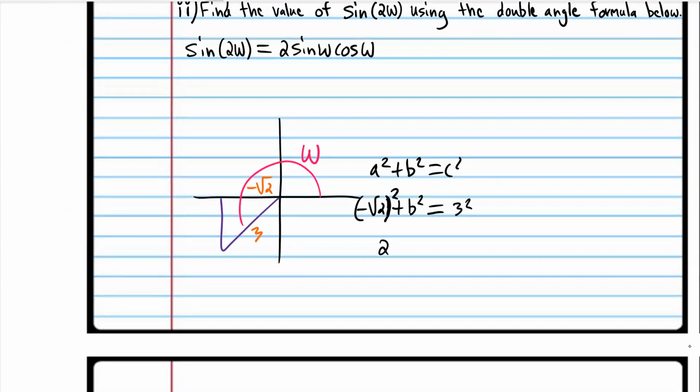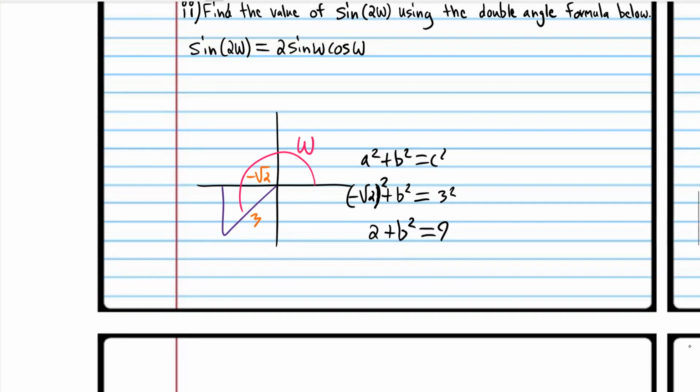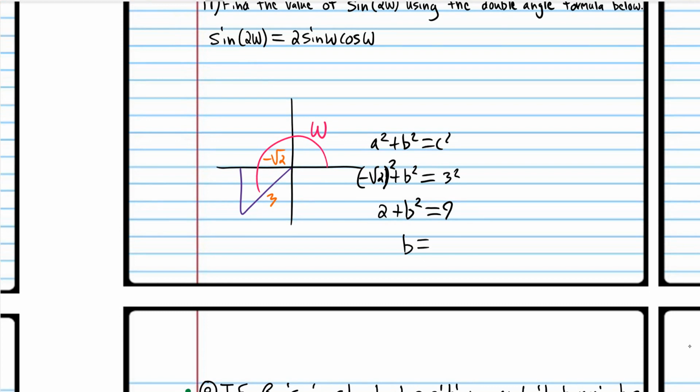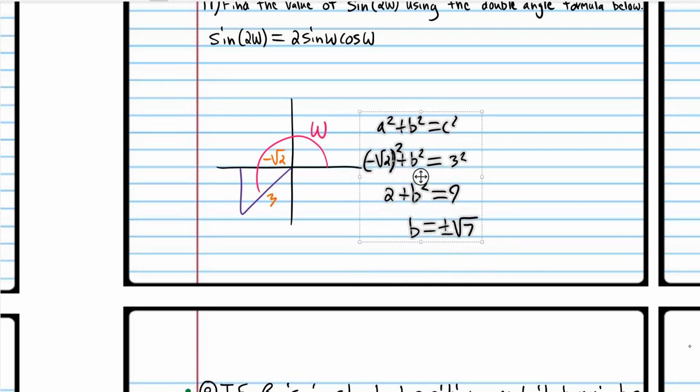So we get 2 plus b squared is equal to 9, and b is equal to plus or minus root 7. And of course you can see that it's going to be negative root 7.